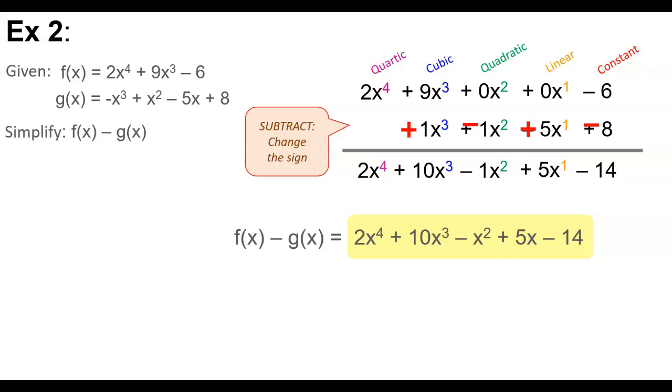When you're on the back, example 3 is telling us to do what with f of x and g of x? Multiply. So we're about to multiply. Here we go.